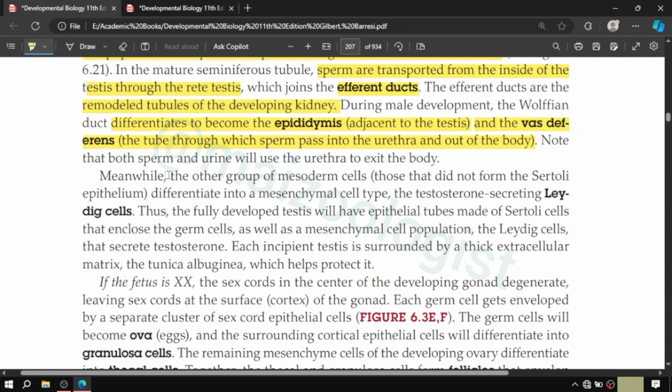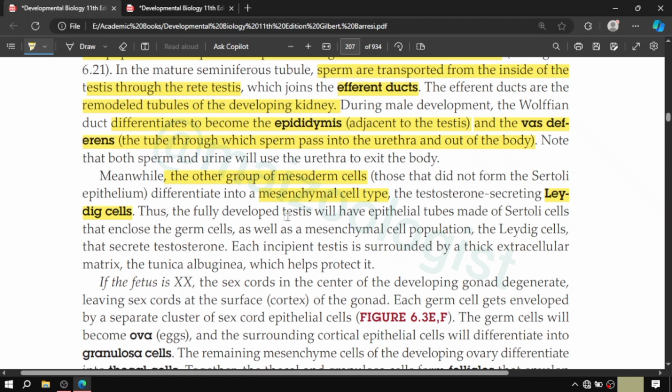Now, the other group of mesoderm cells, those that didn't form the Sertoli epithelium, differentiated into a mesenchymal cell type, which we call the Leydig cells. And these Leydig cells have the function of secreting testosterone.